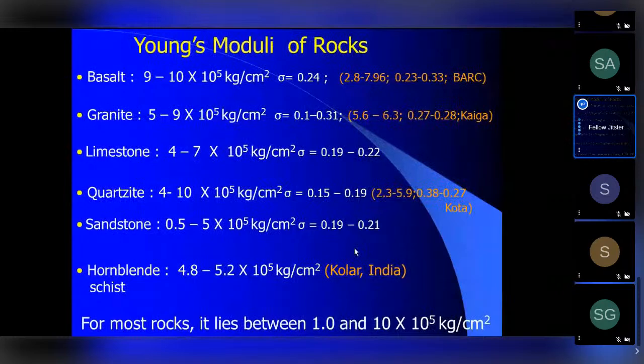Now, some of you will say, sir, we are not interested in basalt, granite, maybe quartzite. Why are you not interested in basalt, granite, and quartzite? Because we can't find hydrocarbons in it. So we will only look into the rocks which contain hydrocarbons, which are sandstone or limestone.